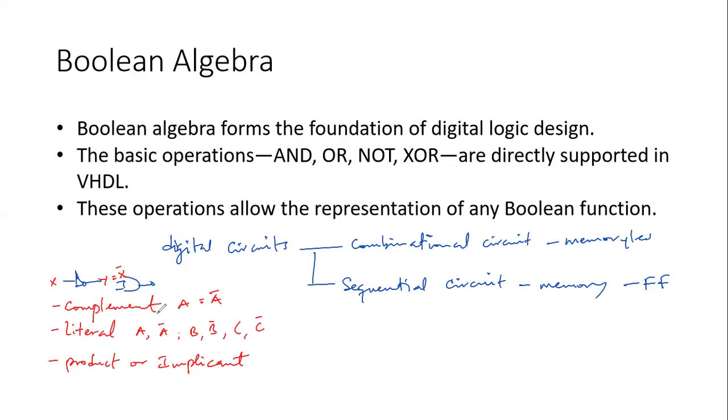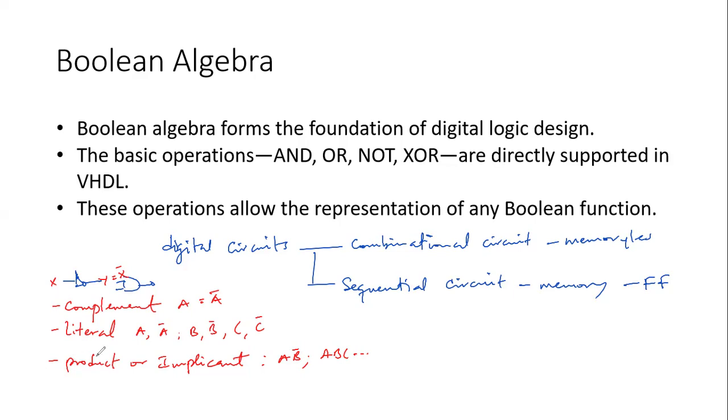So if we take a product of those literals, say A B bar, this is an implicant, okay? We could say A B C, this is an implicant. We can go on and on. So we'll call it either a product or an implicant.